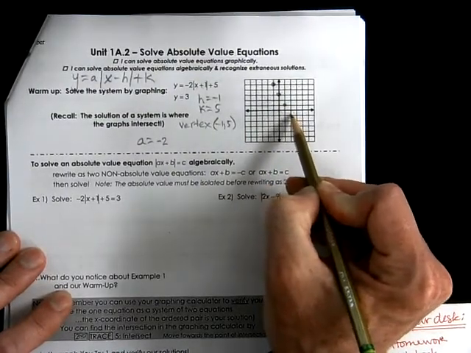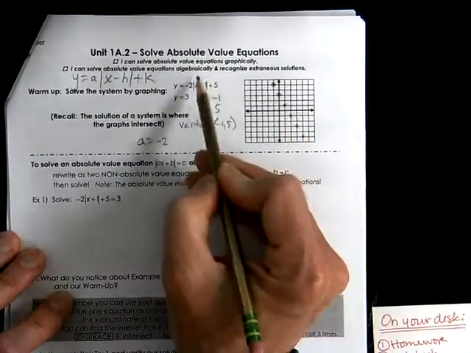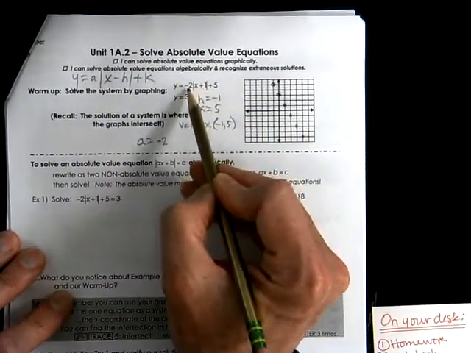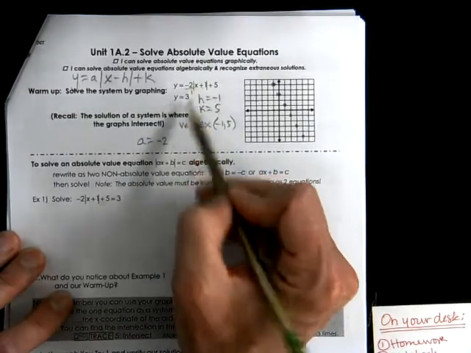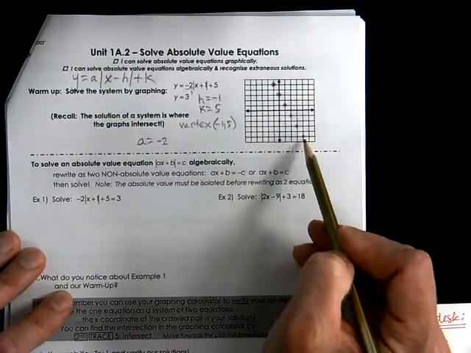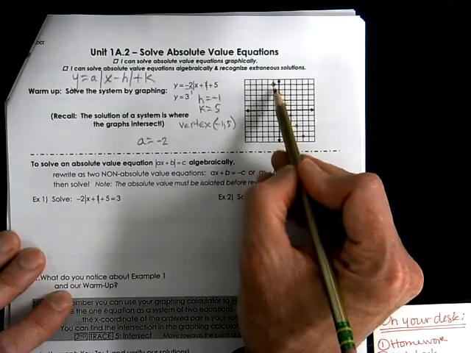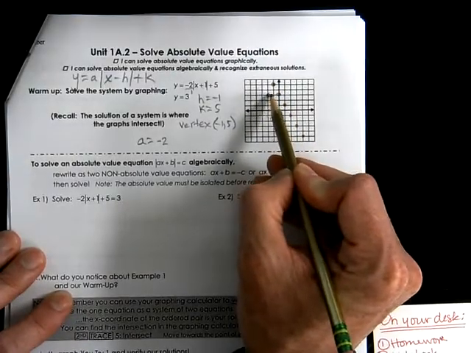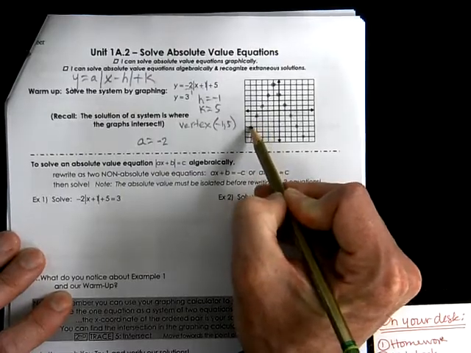So we're coming down 2 and over 1. Because this a value is -2, we can write it as a fraction: -2 over 1, down 2 over 1, all the way through. And then we have to make the other side of the V shape, down 2 and backwards 1, all the way through.